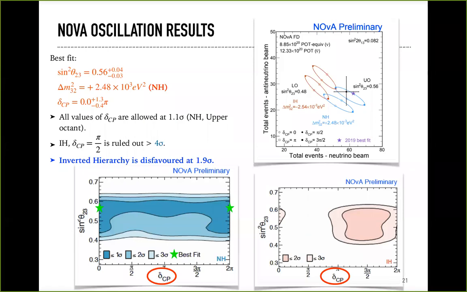The inverted hierarchy is disfavored at 1.9 sigma, and the CP-conserving value of delta CP equal to pi half is ruled out at 4 sigma. All the values of delta CP are allowed at 1.1 sigma. Moving on to the next slide.